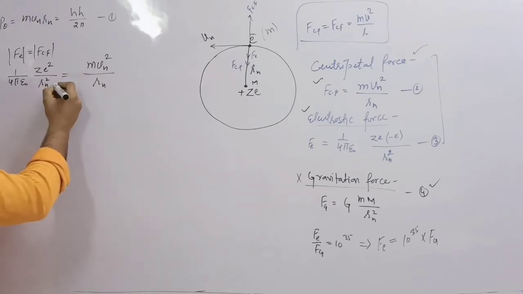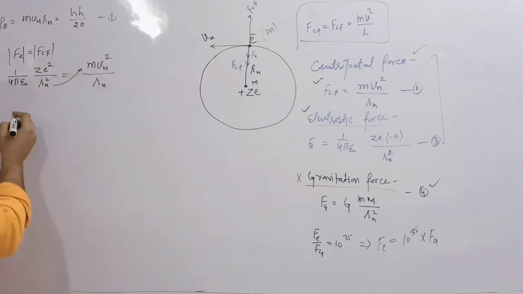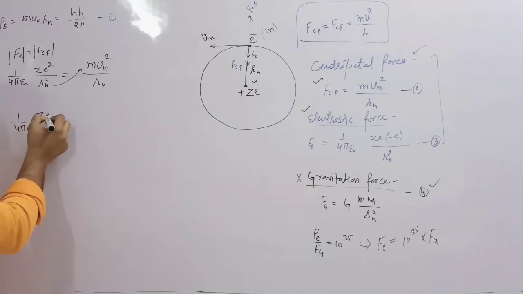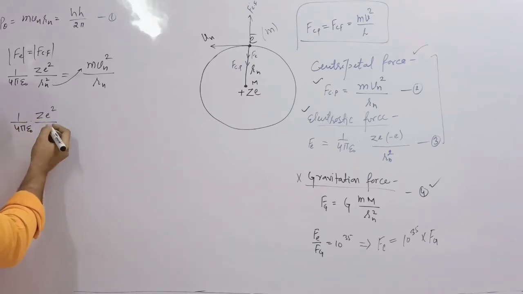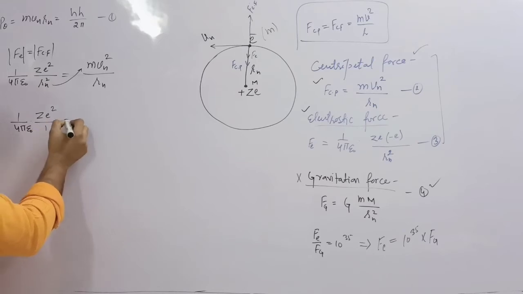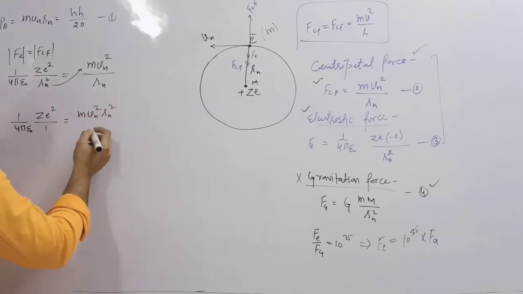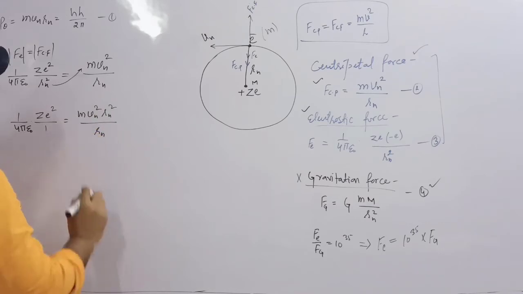Okay, so this Rn can be multiplied here, that is 1 upon 4 pi epsilon naught Ze square upon nothing equals mvn square Rn square divided by Rn.